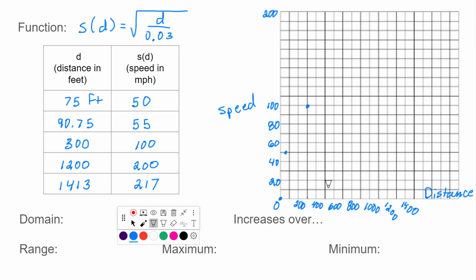We had a distance of 1,200 at 200 miles per hour. And you'll see that we still have a curve, but while it's still increasing, the amount it is increasing by slows down over time. So here's our curve.